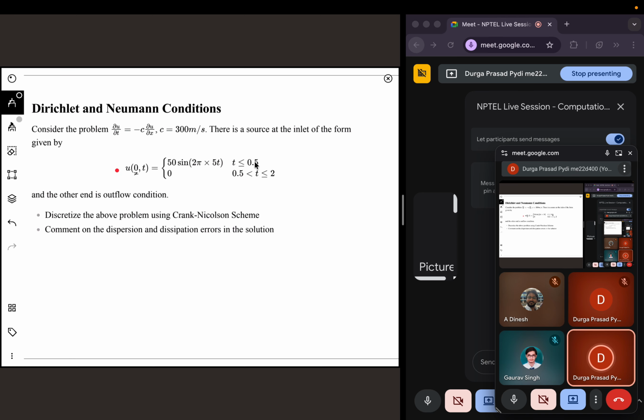So this is a Dirichlet condition. What this means is we are essentially giving a pulse. For t less than or equal to 0.5, we are giving some input. After that, we are stopping it. So there is some kind of source that is coming for a given amount of time and it stops after that particular time. So at x equal to 0, and the other end is outflow. Outflow basically means ux equals 0. Yes, this is basically a Neumann condition.